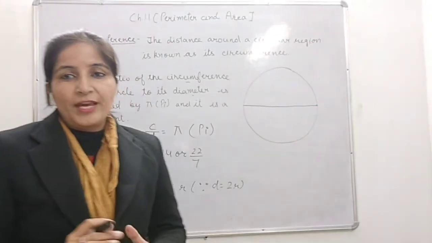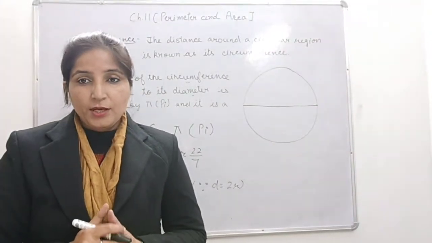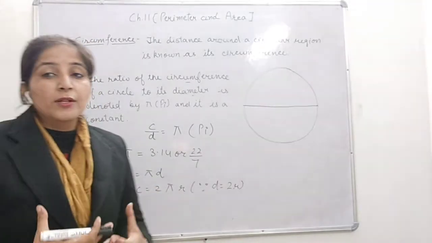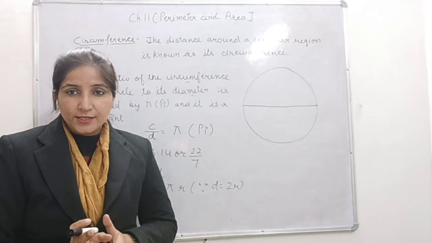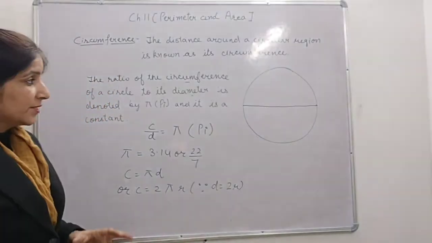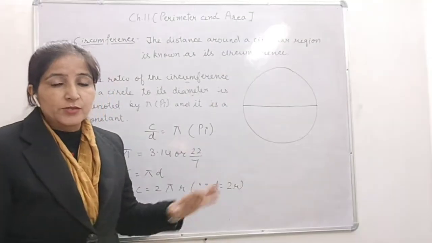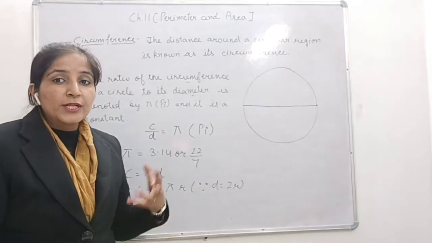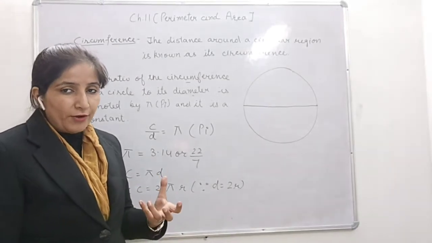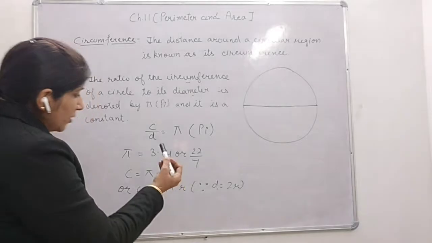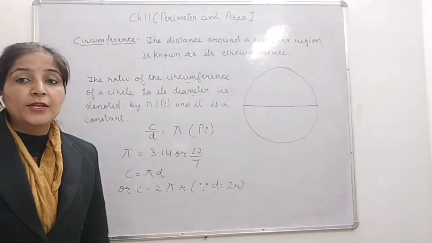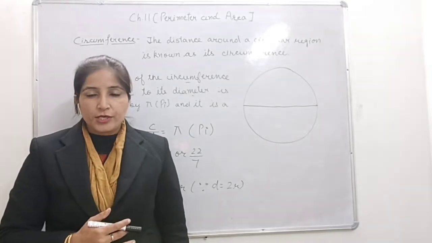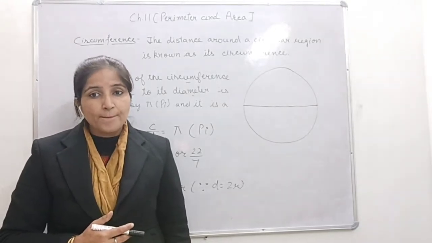Now students, we have just discussed an activity with which you will find a ratio that is constant. Whenever you divide the circumference by the diameter, you will get a constant ratio of about 3.14 or 22/7, and the name given to this constant ratio is pi.